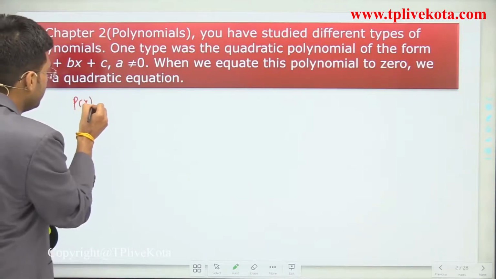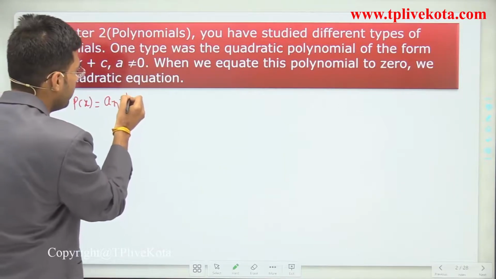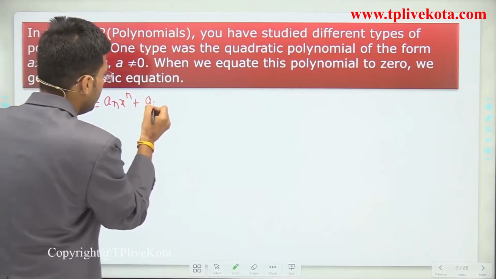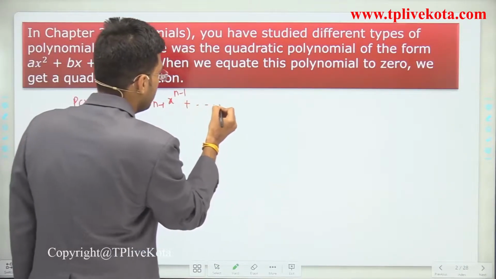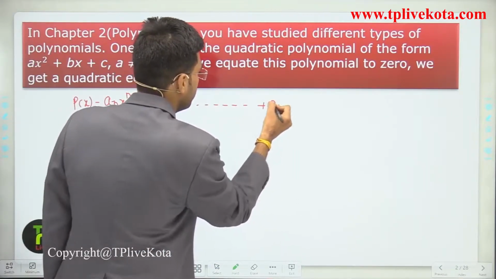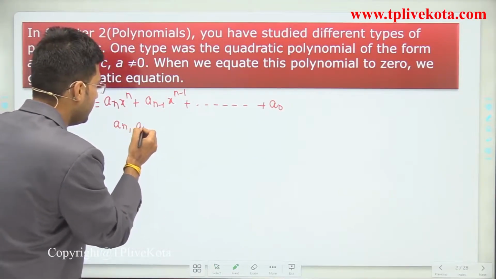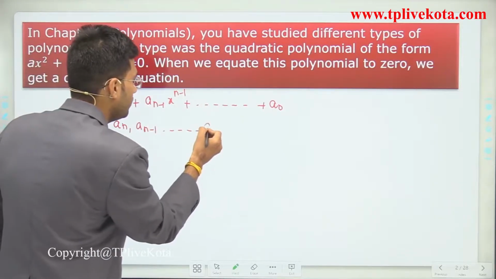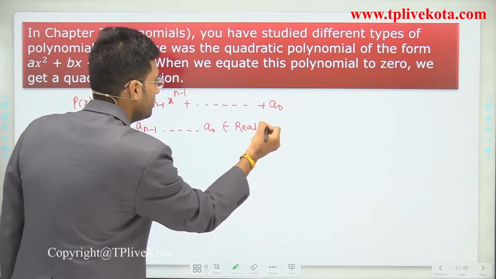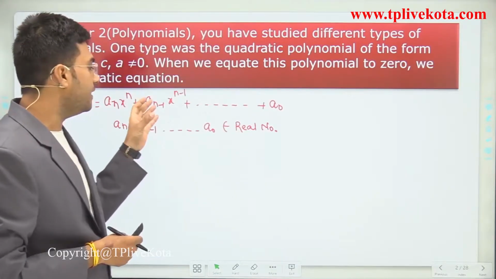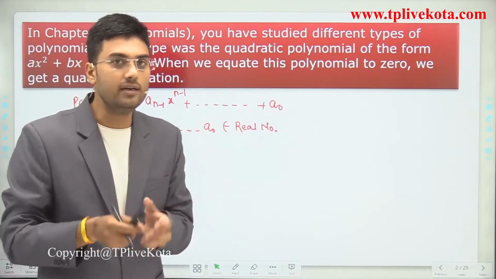Let us represent a polynomial as p(x) equals a_n x to the power n plus a_(n-1) x to the power n minus 1, up to a_0. Here a_n, a_(n-1) up to a_0 all belong to real numbers and are the coefficients, and a_0 is a constant value.